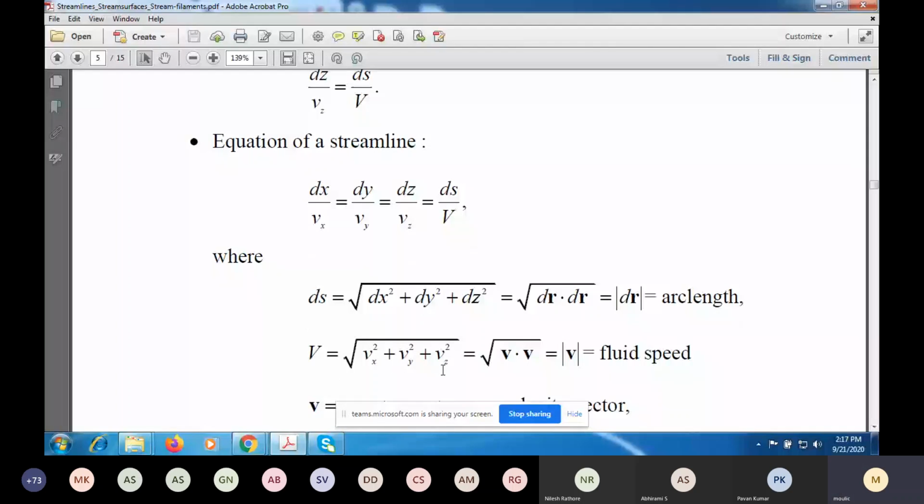So you can write the first as square root of dr dot dr, and the second as square root of V dot V. In other words, capital V is the magnitude of the fluid velocity, which you can call the fluid speed, and the magnitude of dr, an infinitesimal increment in the position vector of a point along the streamline, will be your arc length along the streamline.